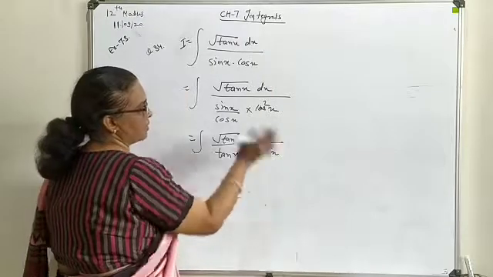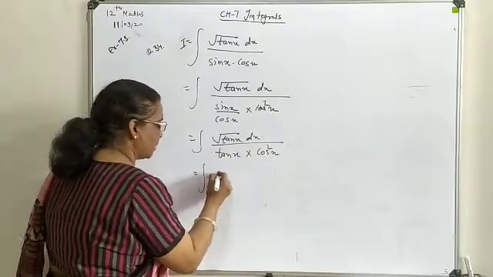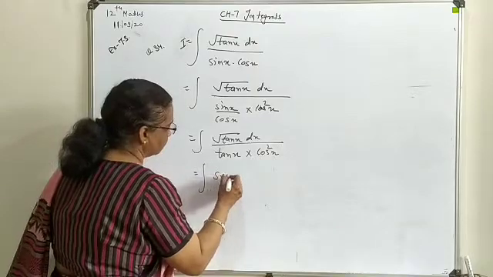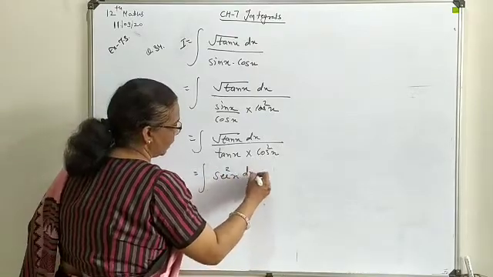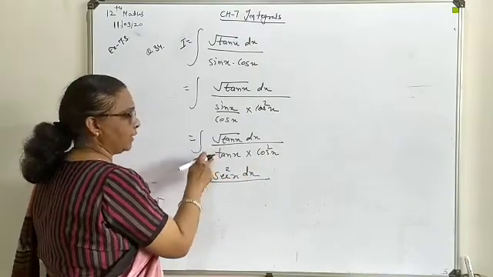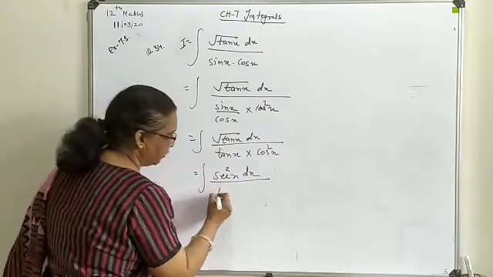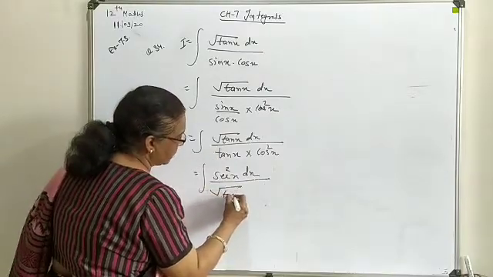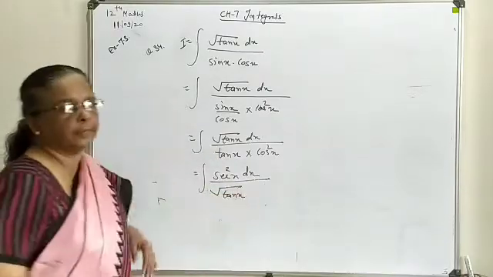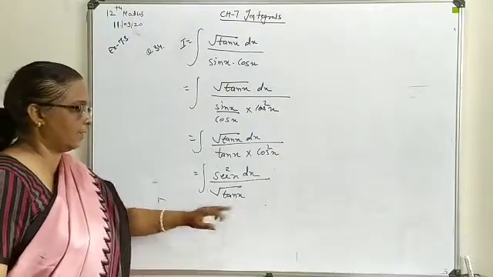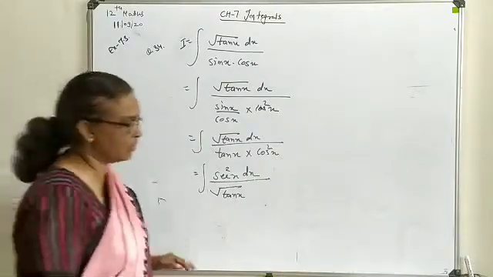This 1 upon cos square you will write as sec square x form. Whereas the power of tangent will also be adjusted, so in the denominator under root tan x we have the main function form. Now this tan x we are going to suppose as t.